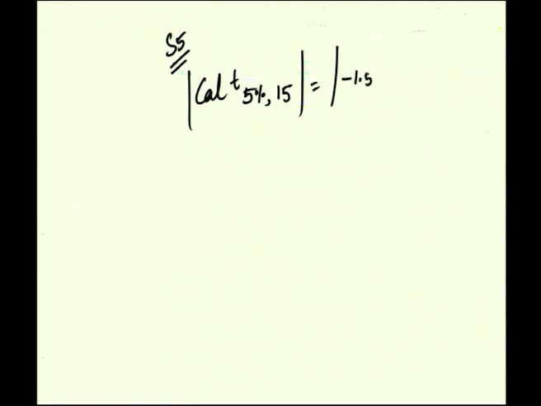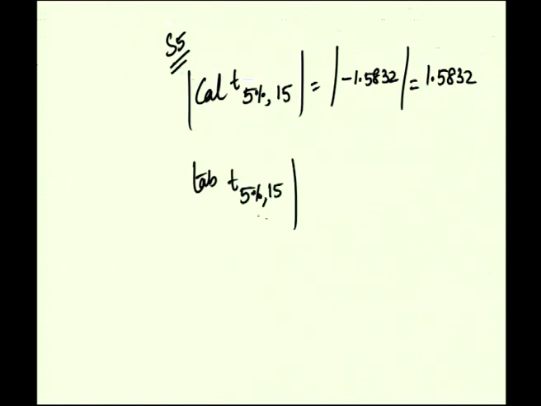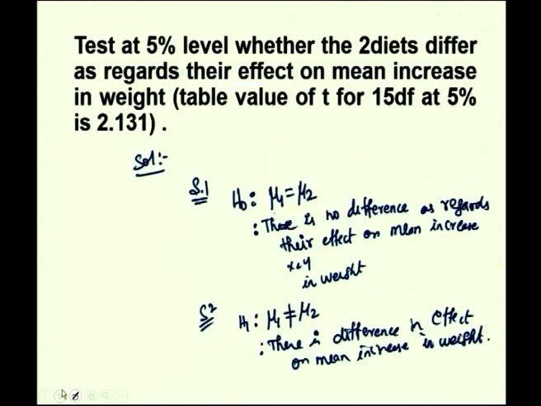Now, we have come to the comparison and conclusion step. Calculated t at 5%, 15 degrees of freedom is the modulus of minus 1.5832, which is 1.5832. Similarly, tabulated t at 5%, 15 degrees of freedom is given in the question itself as 2.131.